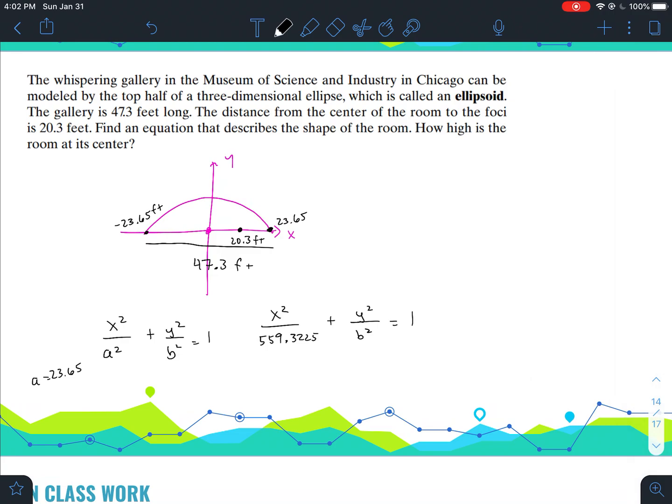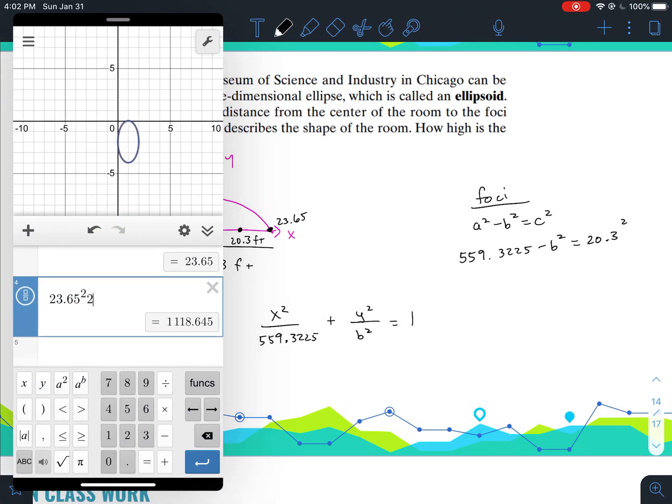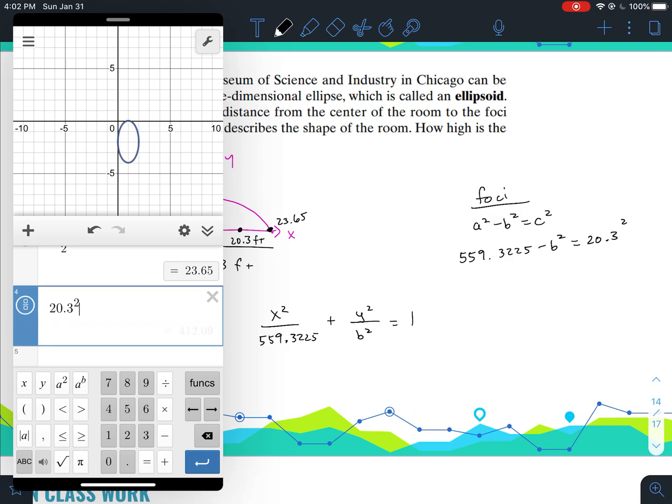Well, they gave us the foci. So we know to find a foci, we're going to use the equation a squared minus b squared equals c squared. A squared is 559.3225, then minus b squared equals c squared. Well, they told us that the distance from the center to the foci was 20.3 feet, so we're going to take 20.3 feet and square it.